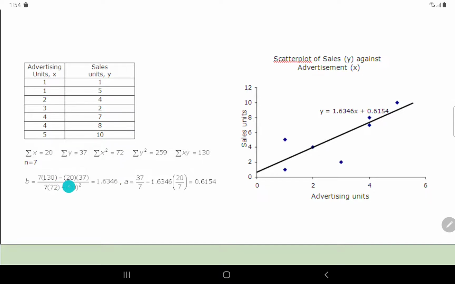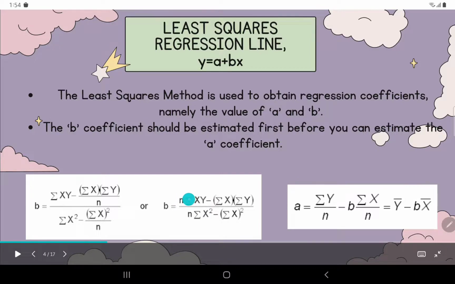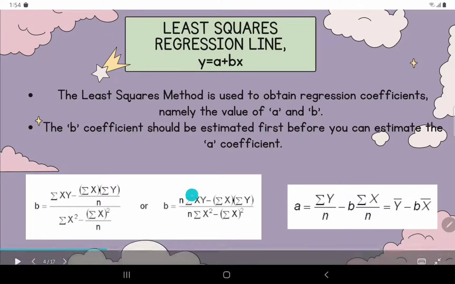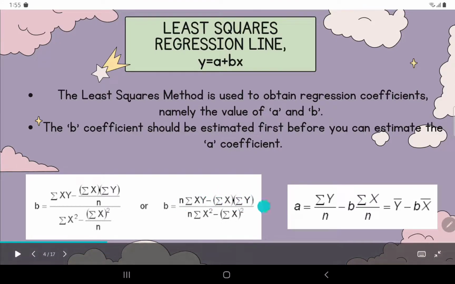So the formula for finding b is n times the total of xy, minus total x times total y, divided by n times total x squared, minus the square of the total of x.